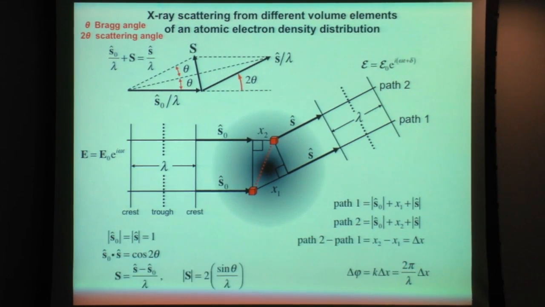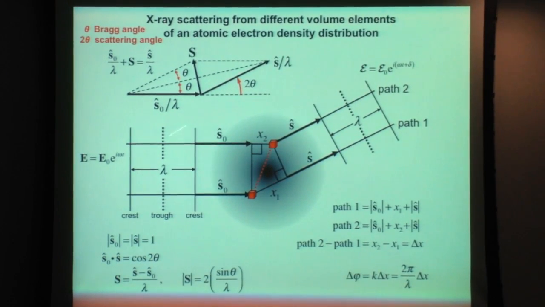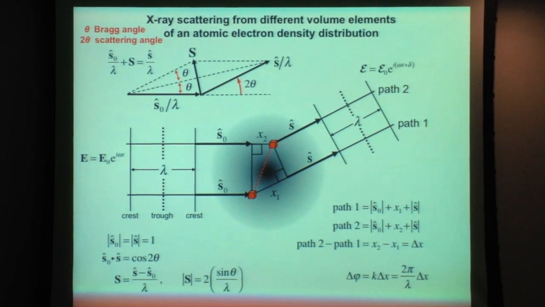And so what we come down to considering is the path length difference for these two parts of the X-ray beam going out to encounter the detector surface, which is way a couple of miles to the east.